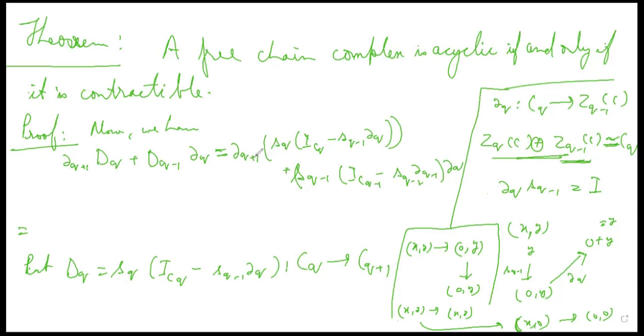Because this S_q is a right inverse of ∂_{q+1}, we are going to get this equal to I_{C_q}, this one, and here this is your identity I_{C_q}.